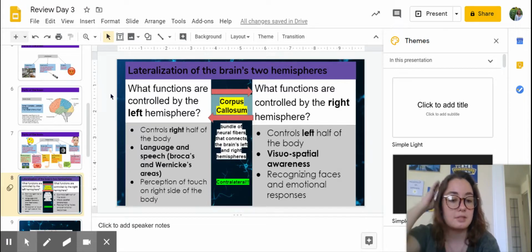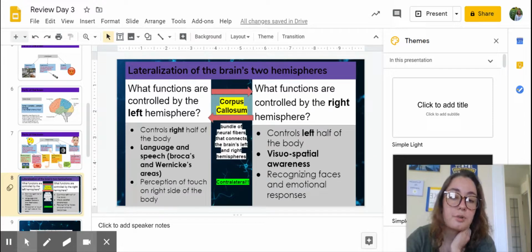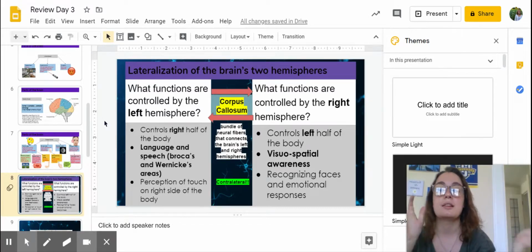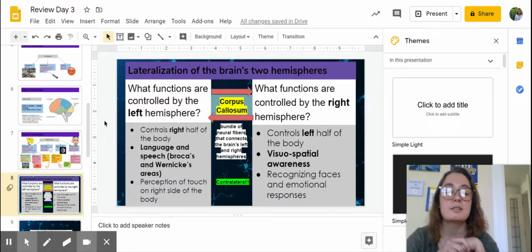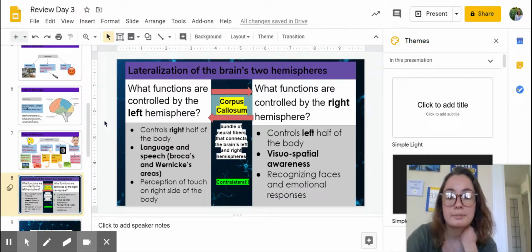So a good thing to know is what functions are controlled by each hemisphere. And remember, we debunked that whole left-right brain thing, oh, if you're right-brained, you're more creative. We know that that's not true, but we do know that there are some lateralized functions, but not to the same extent of, oh, you're more creative or analytical.